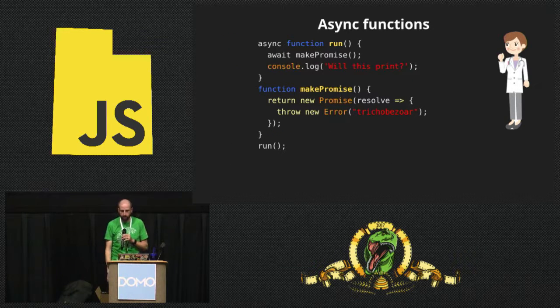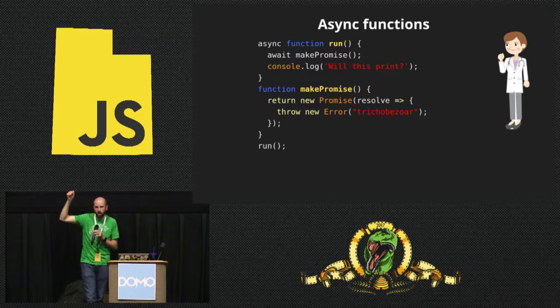But really what I want to dwell upon here is error handling with async functions. In this case, if I'm awaiting make promise, and make promise is throwing our tricobezoar error, is that console log statement ever going to print? No, it won't. Because our promise never really resolves, and because it never resolves, our await statement is never going to progress.